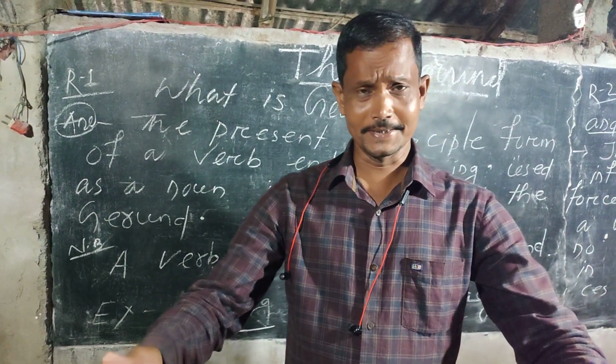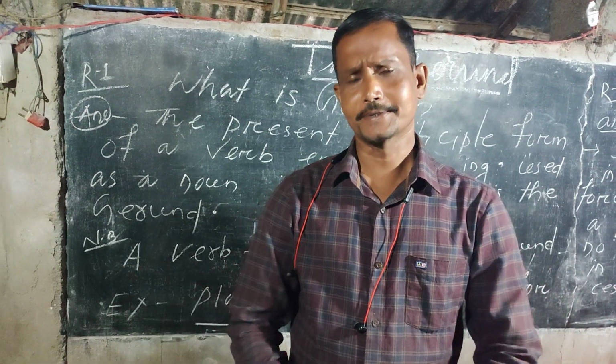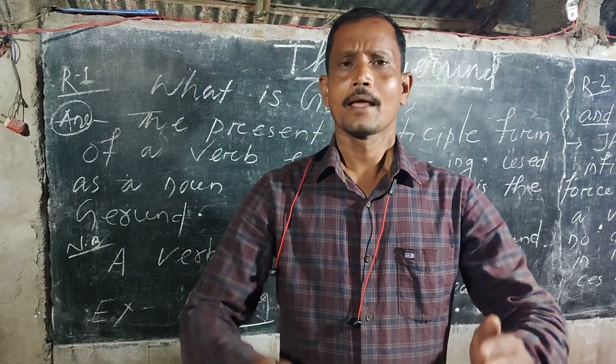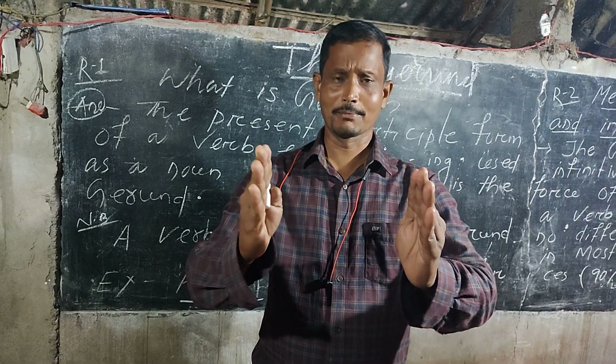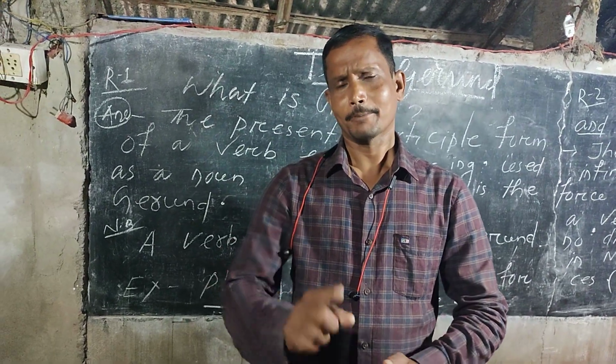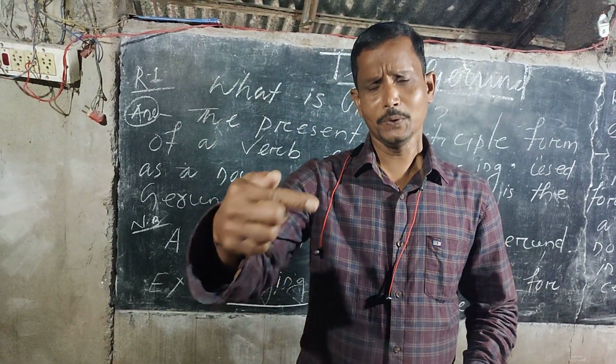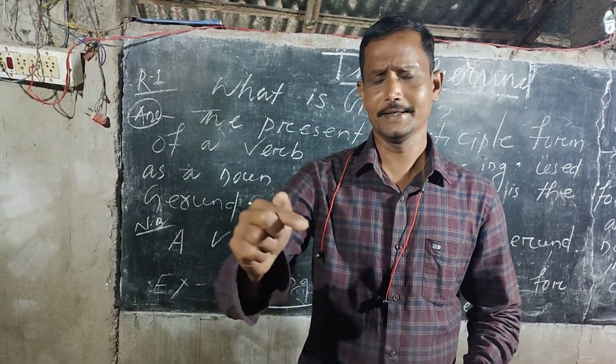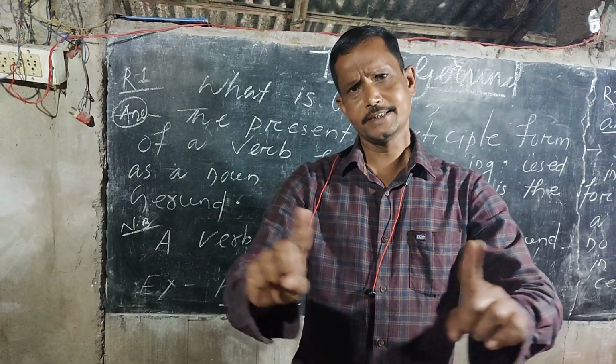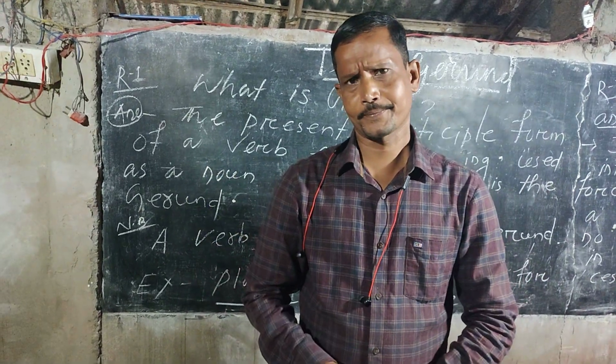And only for this reason, we can say that present participle form of a verb plus used as a noun in a sentence is equal to a gerund.